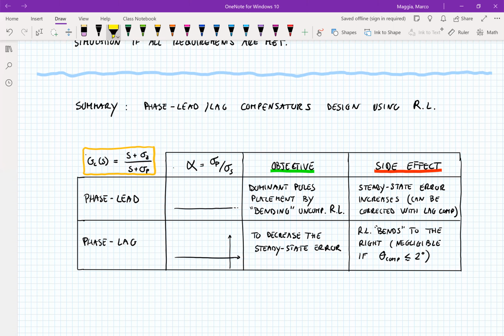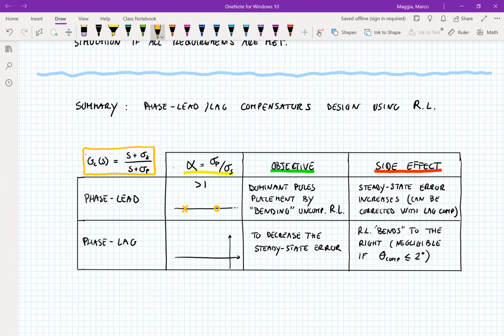We've defined alpha as the ratio between sigma p and sigma z, but for a phase lead compensator, this value is greater than 1. That is, the zero is to the right of the pole, and usually these two are quite far away.